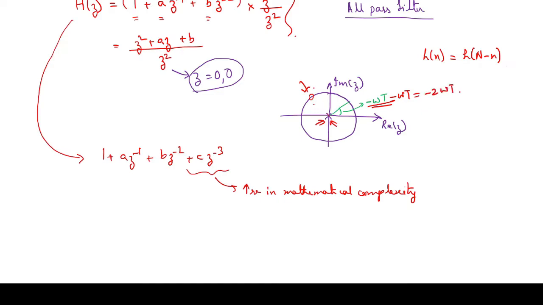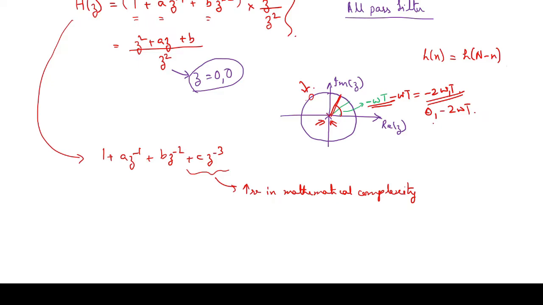But we have zeros also. So zeros will have, say for example, theta 1 minus of 2 omega t, something like that, right? So if I change this, for these poles, minus of 2 omega t will remain the same in form even though omega has changed. Say now it becomes omega 1, the value of frequency has changed, but the expression remains the same, minus of 2 omega 1 t, say for example.